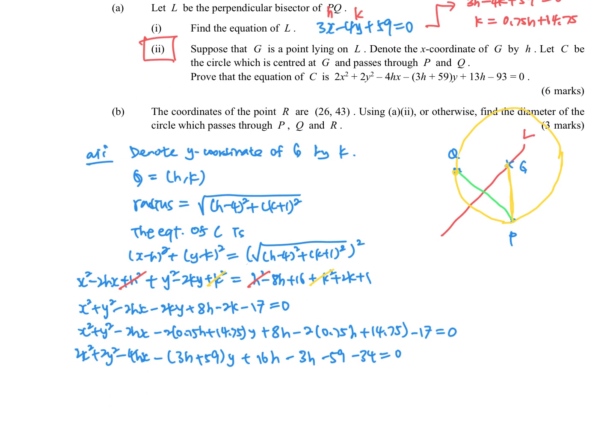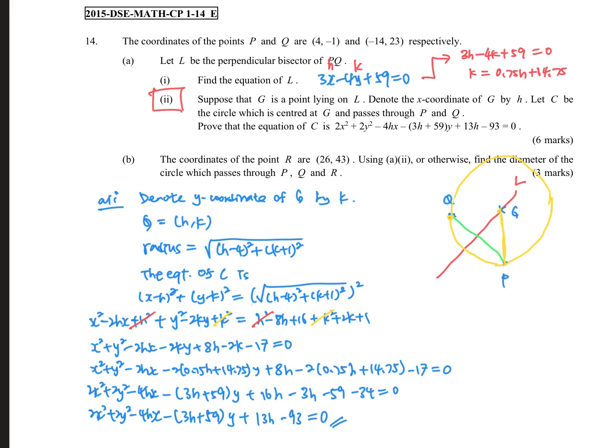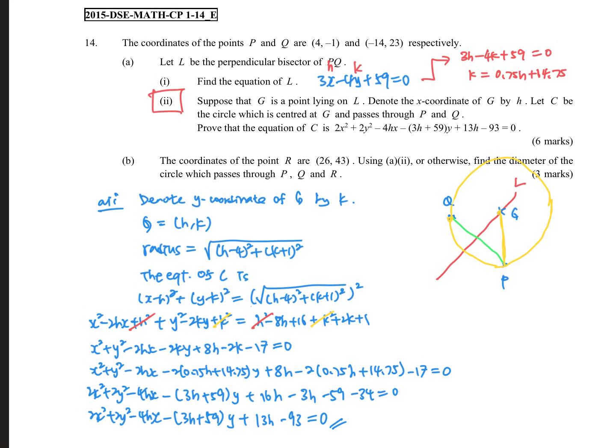So we try to match the answer with the suggested expression or equation. So 16h minus 3h is 13h, and then minus 59 minus 34, so minus 93. That's good. And that's why we have A2.